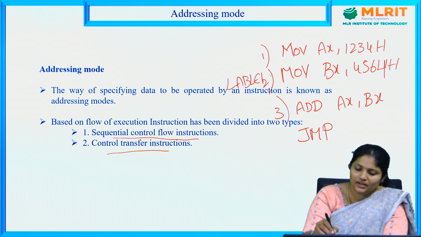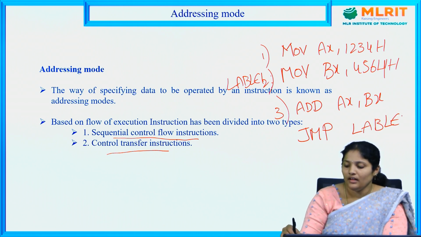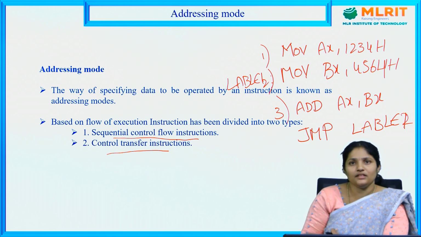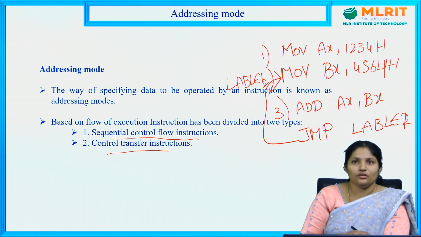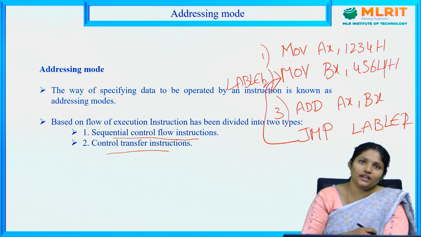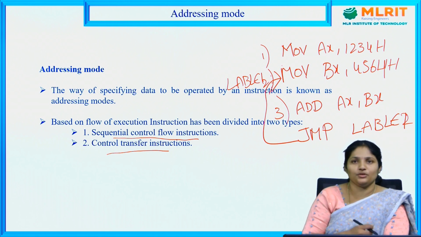Suppose we consider this instruction as label 1. After encountering this instruction, the control will be moved again to this particular instruction. So this is the transfer of control in a non-sequential manner. It transfers the control to the other instruction.